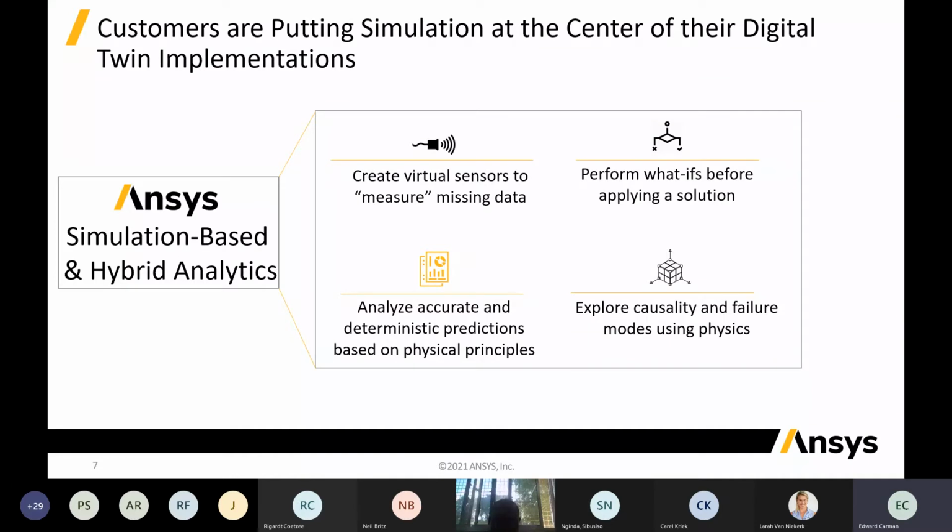Simulation can also give us accurate and deterministic predictions based on our physical principles. So what do we mean by this? Again, if we're doing data analytics, we're taking data, the outputs, and we're looking at it to find patterns. But we don't know if those patterns are generally applicable. For example, we could be running a generator in the middle of Siberia under sub-zero Arctic temperatures, and we've gathered a lot of data for how that generator is operating.